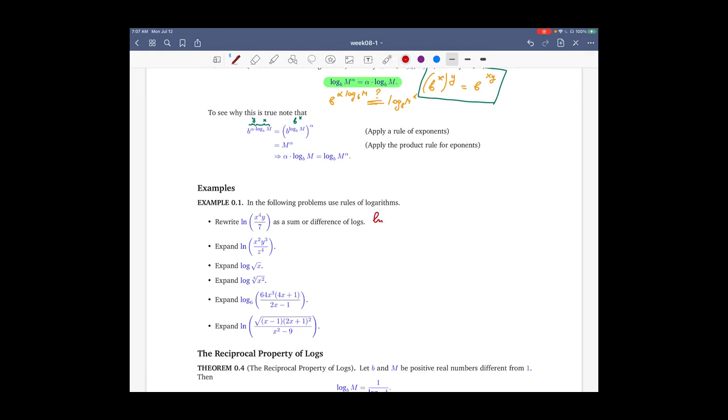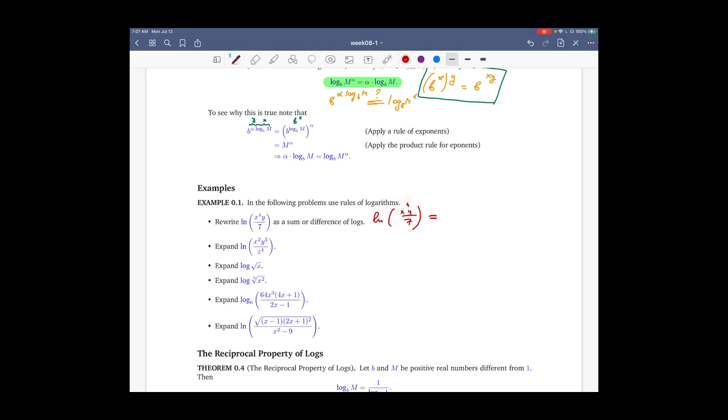Well, we have ln of x to the power 4 times y over 7. Now first, applying the quotient rule. The denominator is positive, so this whole thing only makes sense when the numerator is positive.